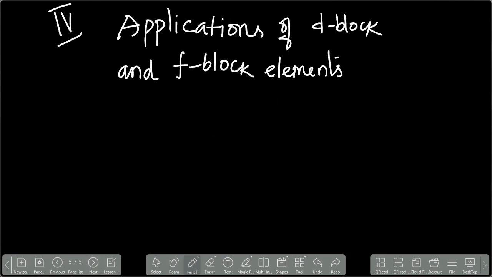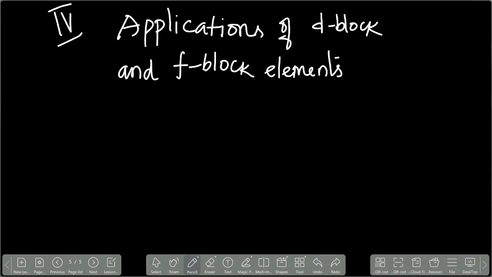And at the last, applications of d-block and f-block elements. What are the applications? Actually, we mentioned that d-block elements act as catalysts, right? In Haber's process, Fe acts as a catalyst. In the contact process, vanadium pentoxide acts as a catalyst, right? Similarly, some examples they have given, and catalytic hydrogenation of olefins or alkenes or vegetable oils.